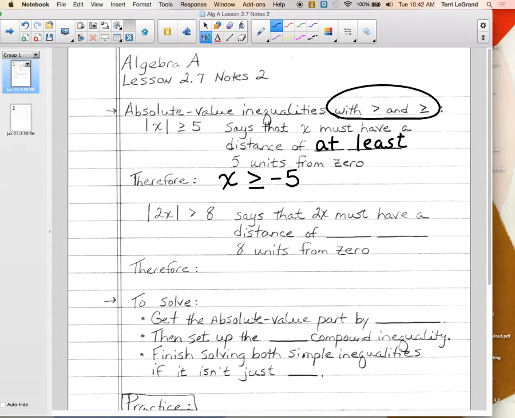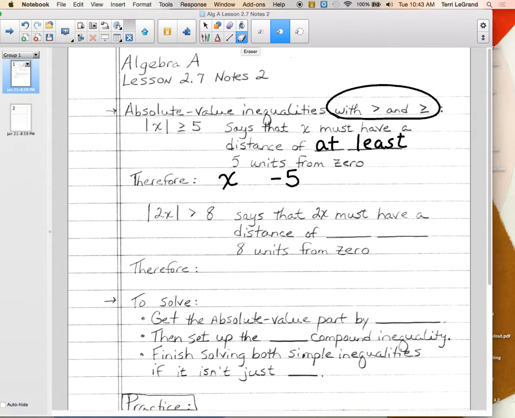Did I write that correctly? How do you feel about that? If we want numbers that are at least 5 units away, is x greater than or equal to negative 5? What numbers are greater than negative 5? Negative 6? Negative 7? Negative 4? Negative 3? So what symbol do I have to use there? The is less than symbol.